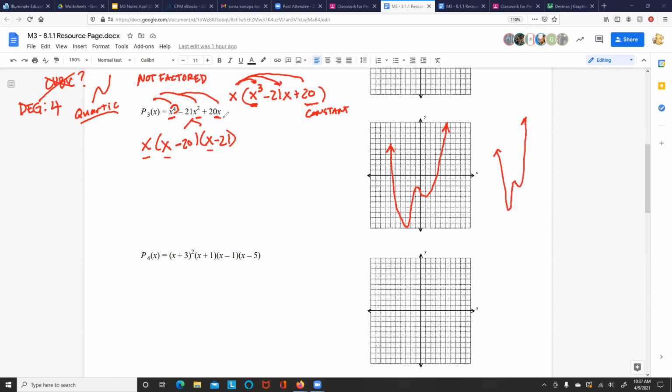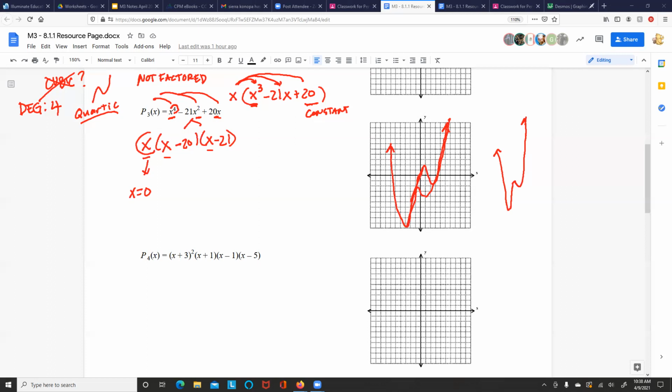Because there's an x out in front, I do know one of these is 0, so it should go through here. I should have made it a little higher. There we go, so I'm amending my graph. It has to go through 0 because when there's an x sitting out in front, that's a 0. Is it going through 20 and 21?